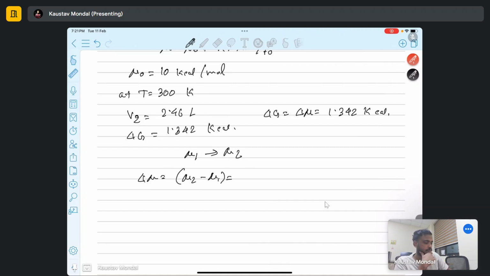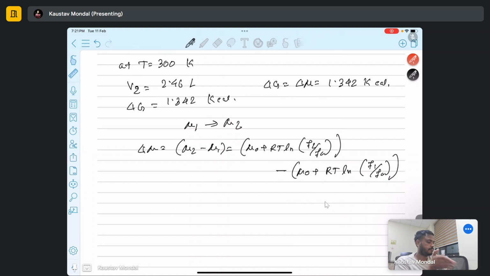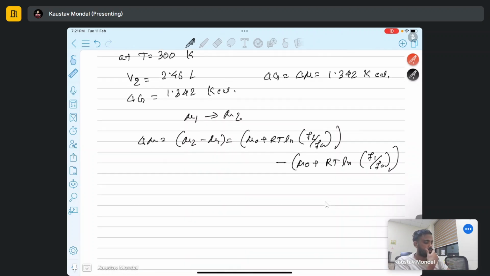For mu2 you can write mu0 plus RT ln F2 by F0, and mu1 you can write as mu0 plus RT ln F1 by F0. F1 and F2 basically are the fugacity in that particular case.